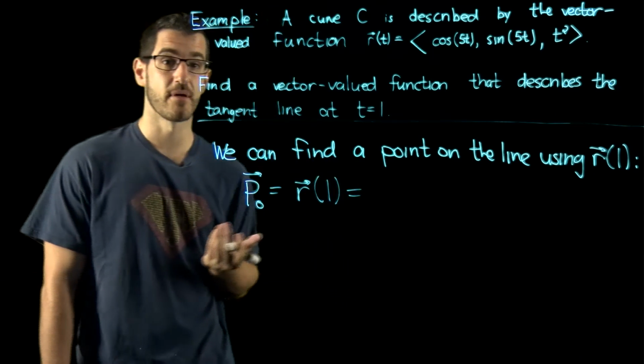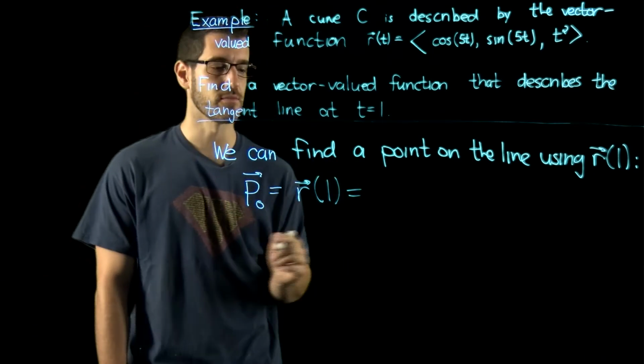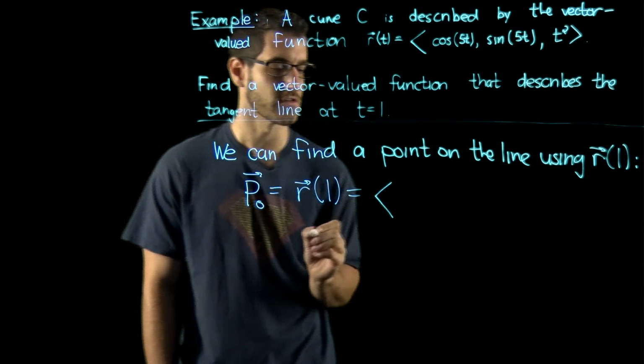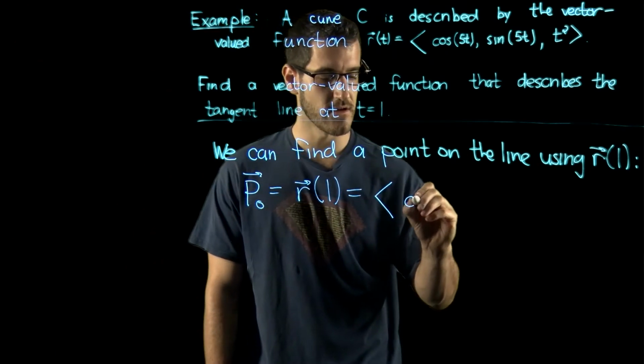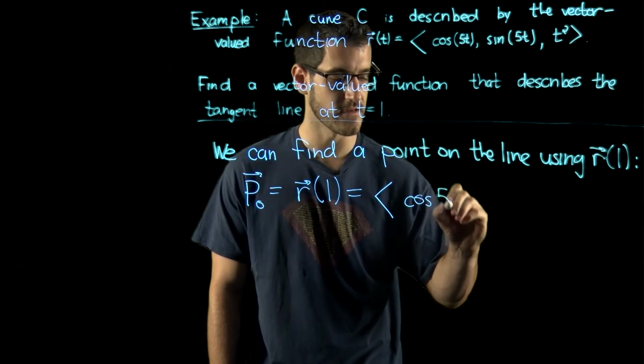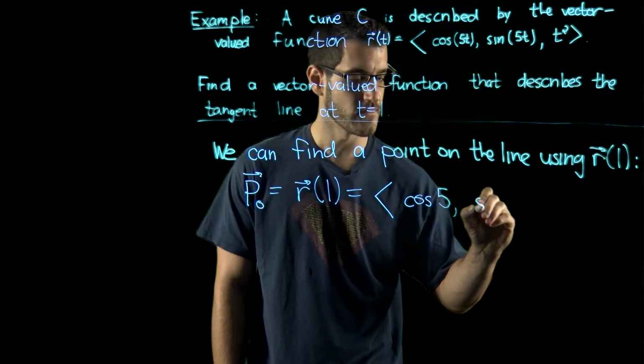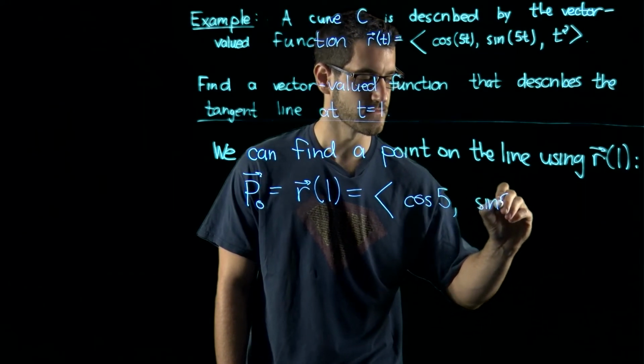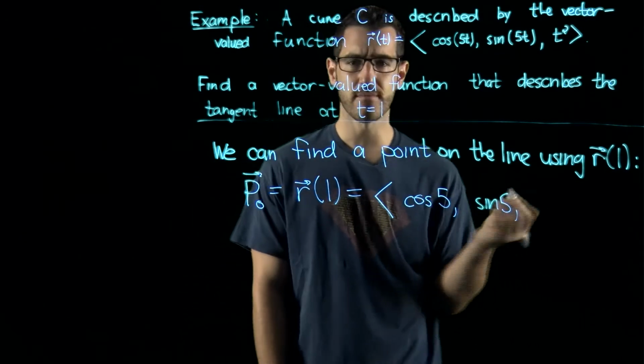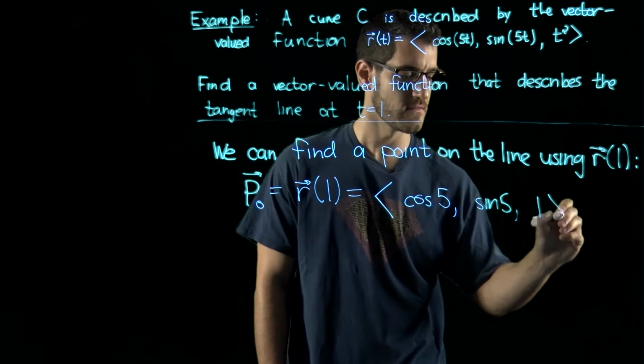And we obtain that by just plugging t equals 1 into our original function r of t. So this was cosine of 5t, so that'll be cosine of 5. Y component was sine of 5t, so this will just be sine of 5. And the z component was t squared, which will just be 1.